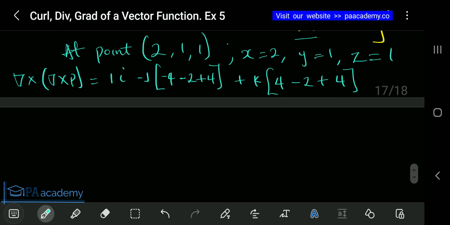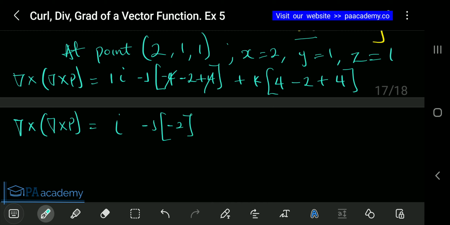Alright, so now let's just tidy this up. So curl P is equal to, this one you can just give as i. Then here we have minus j. So if you simplify what is in the bracket, minus 4 and plus 4, we are left with minus 2, plus k into brackets. This is 4 plus 4 minus 2, that's 6.